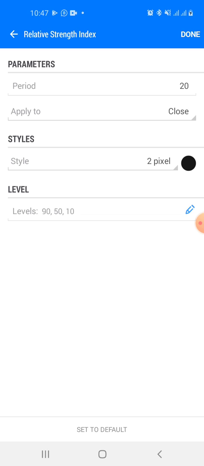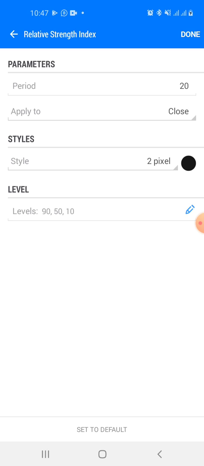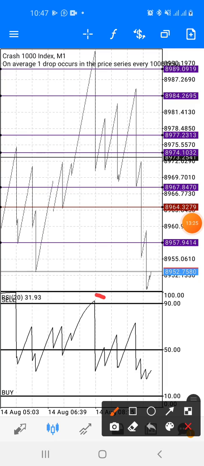You can use any color you want, so the 2 and also the black. So I have my level here. 90 will be for the sell and the 10 will be for the buy. So you can just have it like this and you go back and you click done. So you can see I have it here. Immediately the markets come closer to this one.